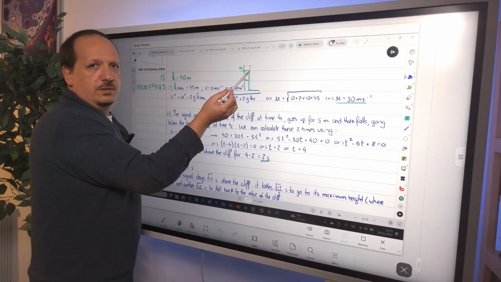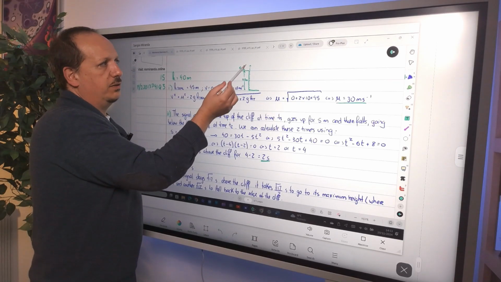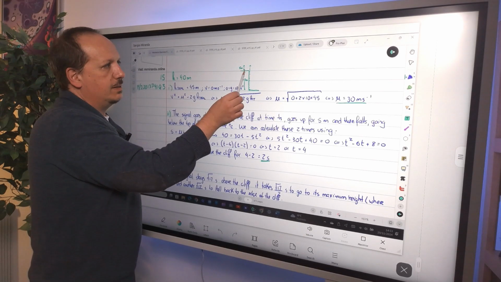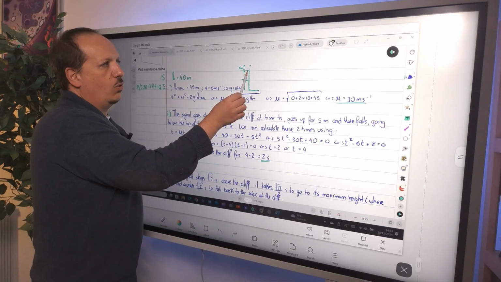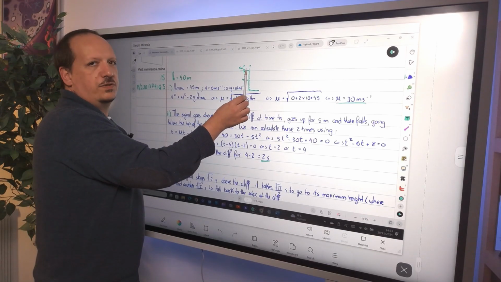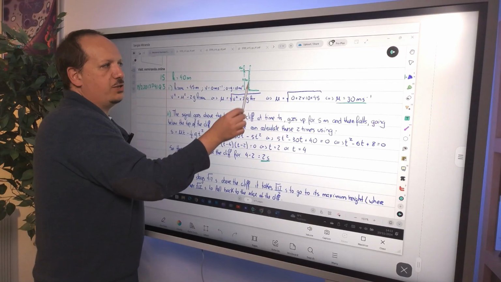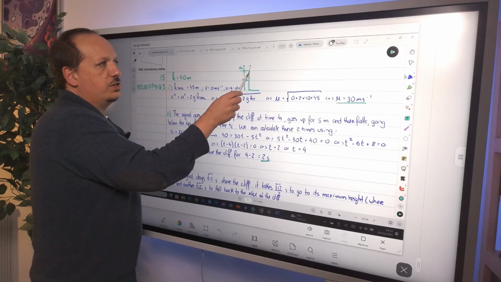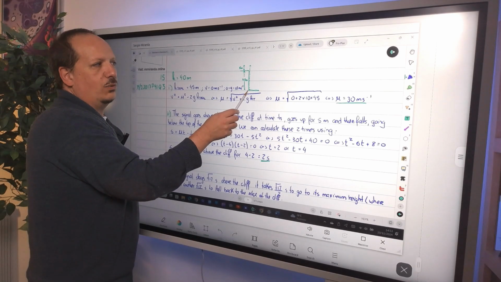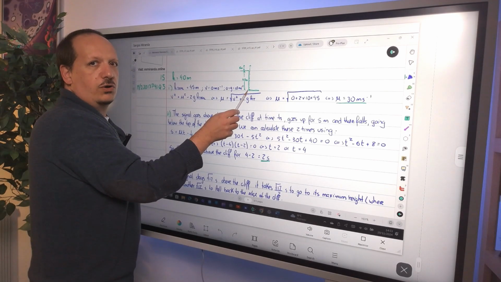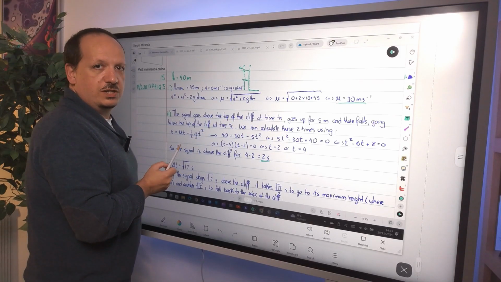The amount of time the flare is over here will allow you to calculate the speed with which it appeared beyond the edge of the cliff. And once you know this, you can calculate the initial speed overall, which is the question itself.